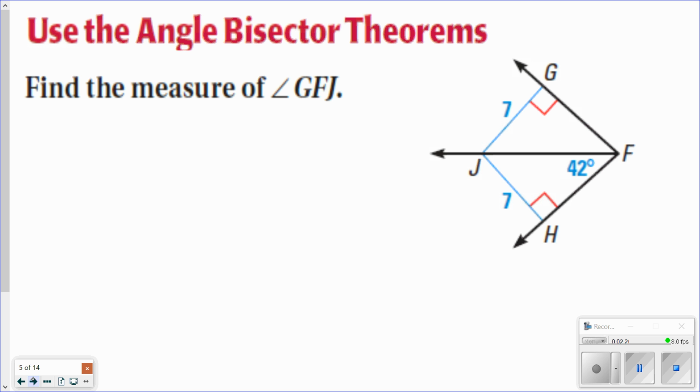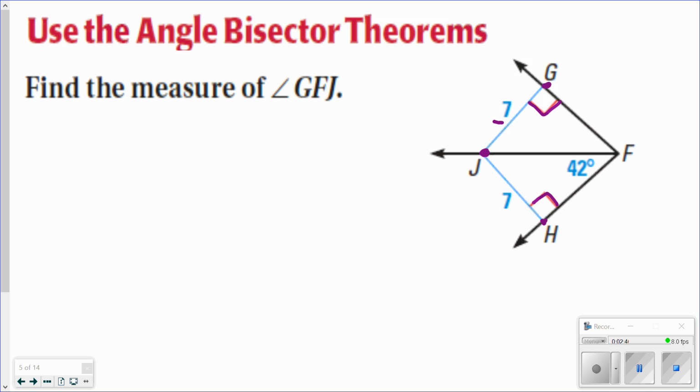So use the angle bisector theorem. We want to find the measure of angle GFJ. All right, so two things we need to look for. One, do we have perpendicular lines? And we do because we see these 90-degree angles. We also want to see, is J equidistant from point G and H?